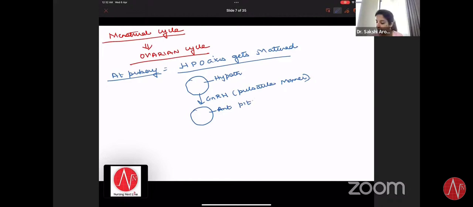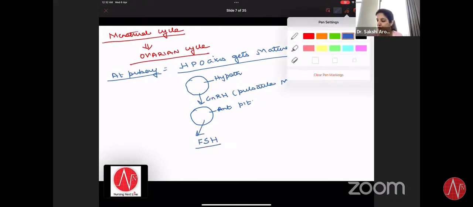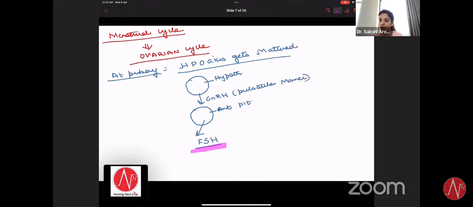And anterior pituitary से हार्मोन निकलता है FSH. FSH is follicle stimulating hormone. So now what is going to happen? ये FSH क्या करेगा? Follicles. Why did I have to tell you the entire oogenesis? Because I wanted to ask you what is a follicle. So what is a follicle?